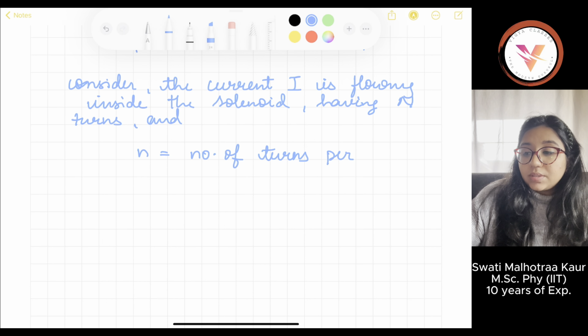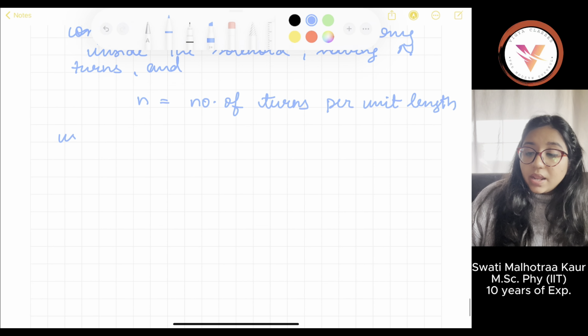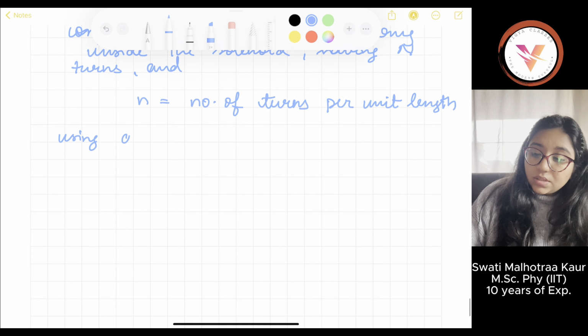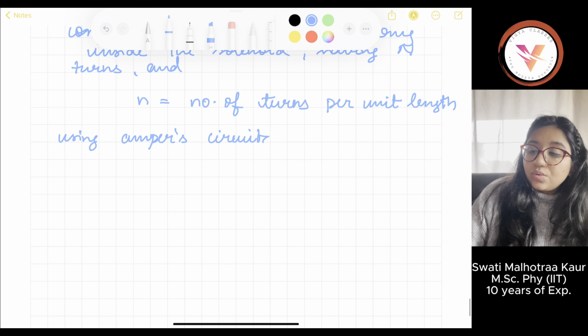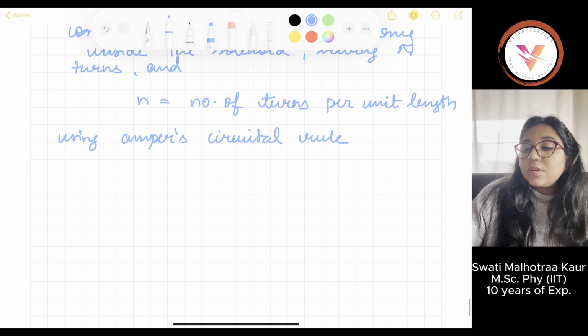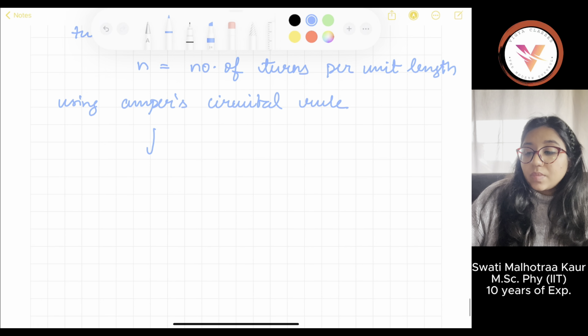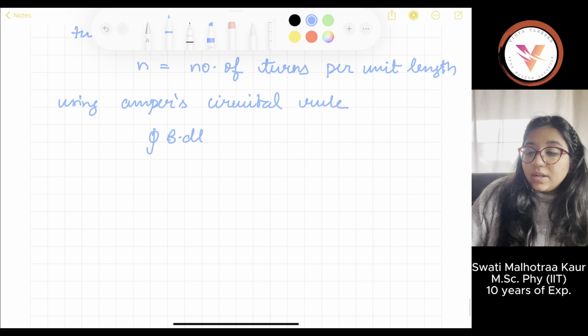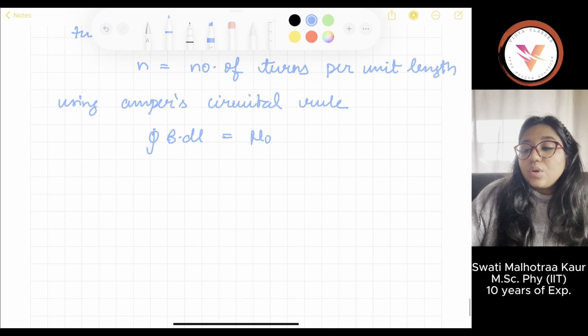Now using Ampere's circuital law, B dot dl is equal to mu naught I enclosed.